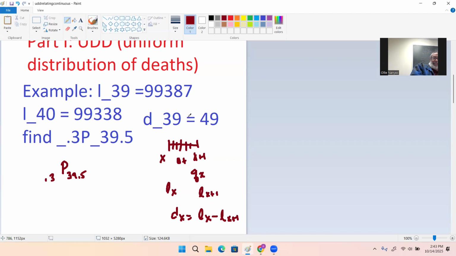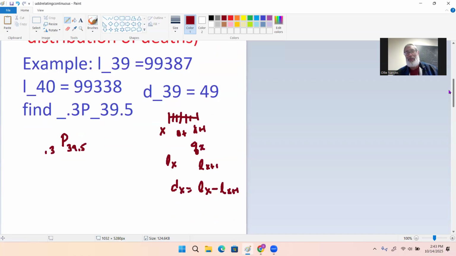Now, what you'll find out is that this means the force of mortality is increasing. And it takes a little bit of time to figure out why that is, but let's just go ahead and do this example. Now, by definition, this is going to be the number of lives at 39.8 divided by the lives at 39.5.